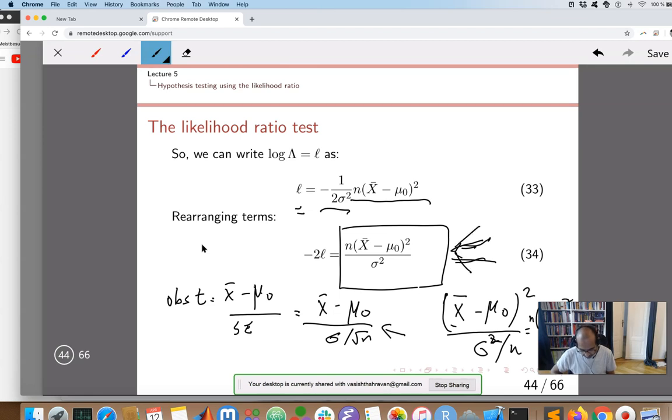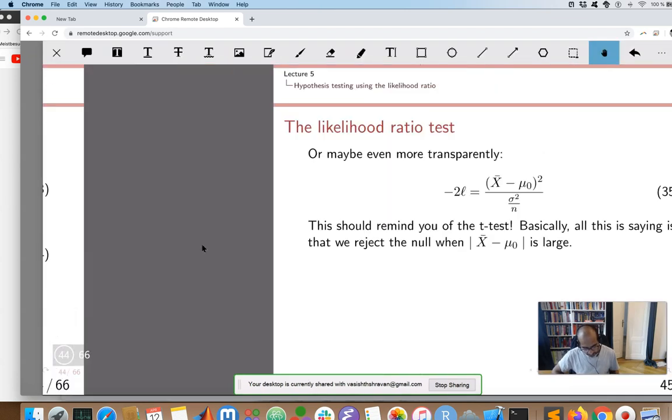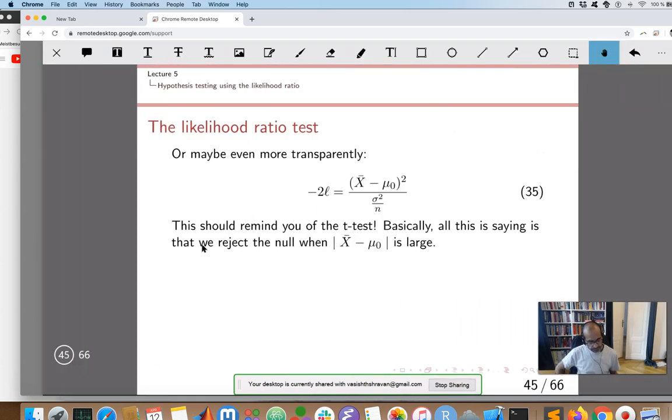We've got something that looks a lot like the t-test, except it's the square of that, right? And that is negative 2 times the log likelihood ratio between the two models that we are considering. So this should remind you of the t-test. That's what I was trying to show you here.